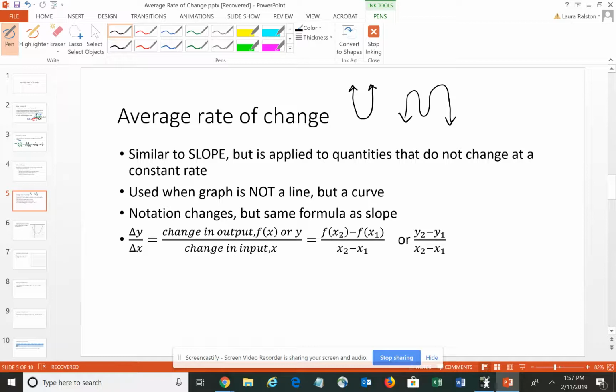We can apply average rate of change. And it's the same idea though, because we're looking at the change in the Y or the output in comparison to the change in the input. Now the notation changes a little bit, which is sometimes a little bothersome to students. You see this little triangle, okay?